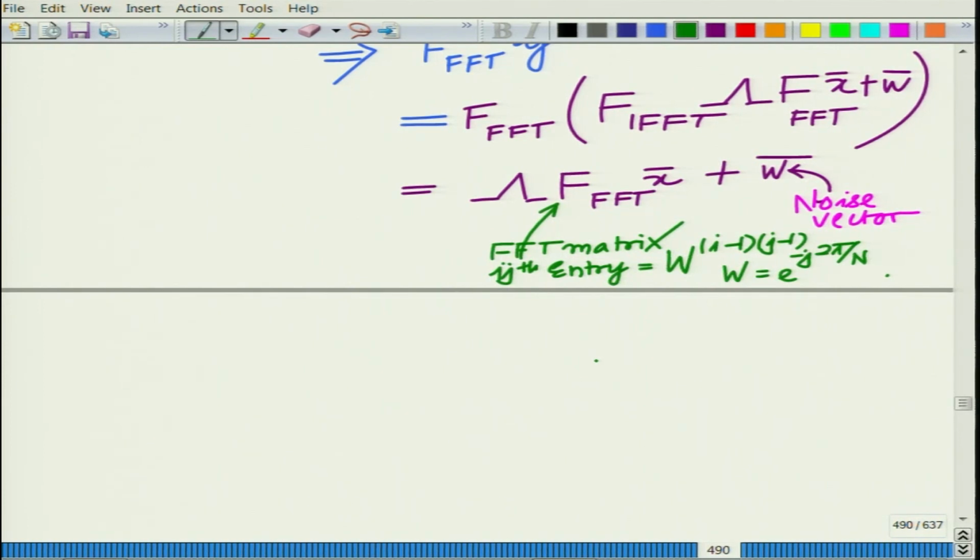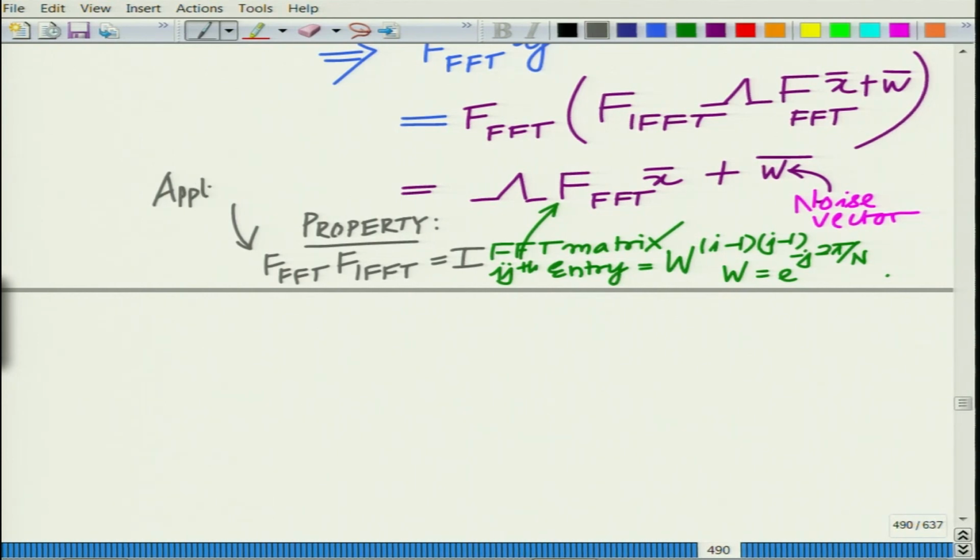And here the property we have used is that F of FFT times F of IFFT equals identity, because we are applying the FFT at the receiver.